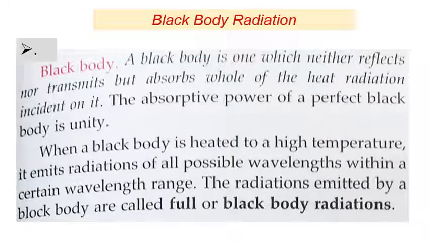Black body radiation. A black body is one which neither reflects nor transmits but absorbs the whole of the heat radiation incident on it. And therefore the absorptive power of a perfect black body is 1.